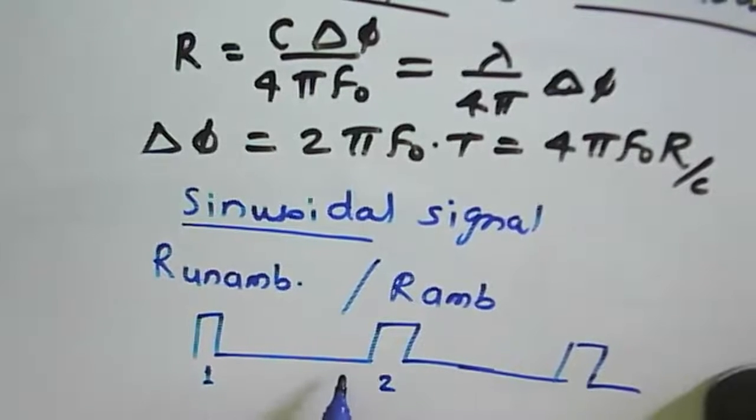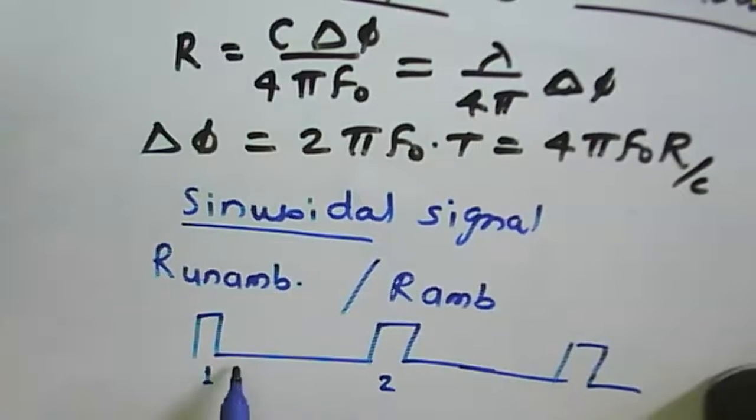So we are supposed to receive the echo signal after sending the pulse but before sending the second pulse. Okay, so that is nothing but we can say the maximum range. Okay, that is about the ambiguous range.